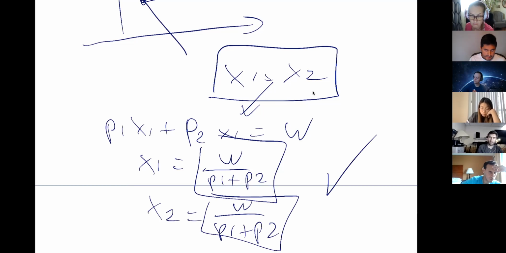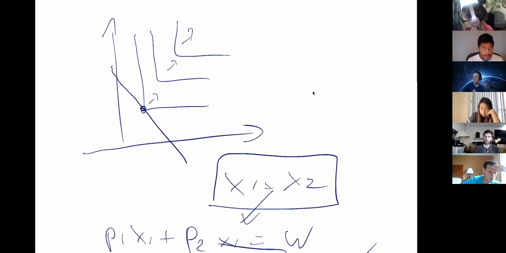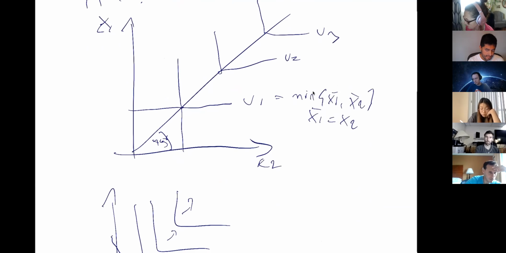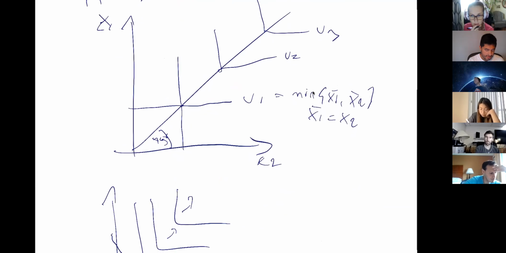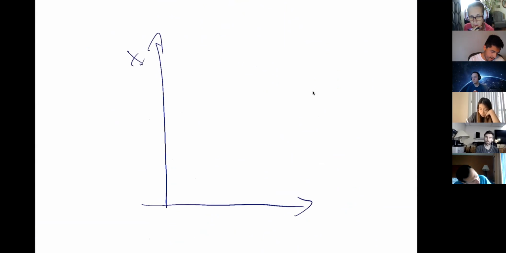Yeah. But now I want you to do something also to realize that the intuition about derivatives kind of still works. So let's go back to this part. Okay, so you see the shape. I'm gonna draw them again: x1, x2, and my indifference curve.